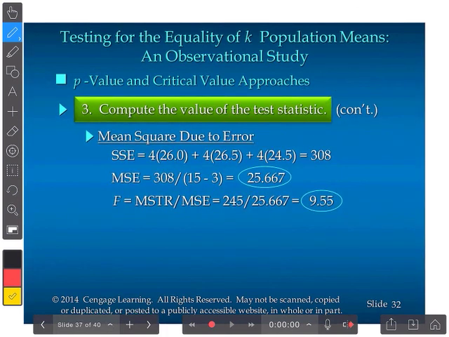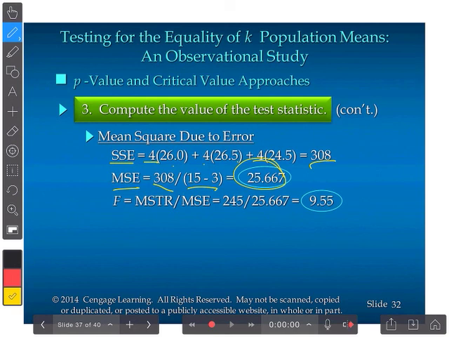To find MSE, we will need SSE, which is n_j minus 1 times the variance. So if you look, we have 4 times 26, 4 times 26, and so on. So 308. And then MSE is equal to 308 divided by 12, 25.67.